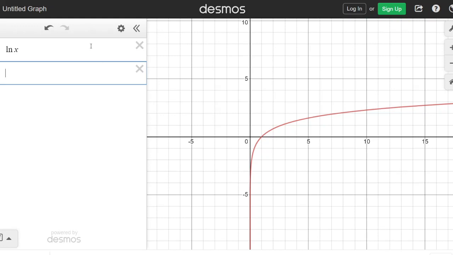I think the tangent line has the equation y equals x minus 1. And by the way, on decimals, the input, you do not have to write y in here. But the point I'm trying to say, and I want to repeat it because it's kind of important, is that the slope of the tangent line to the graph of natural log of x at the point (1, 0) is equal to 1.